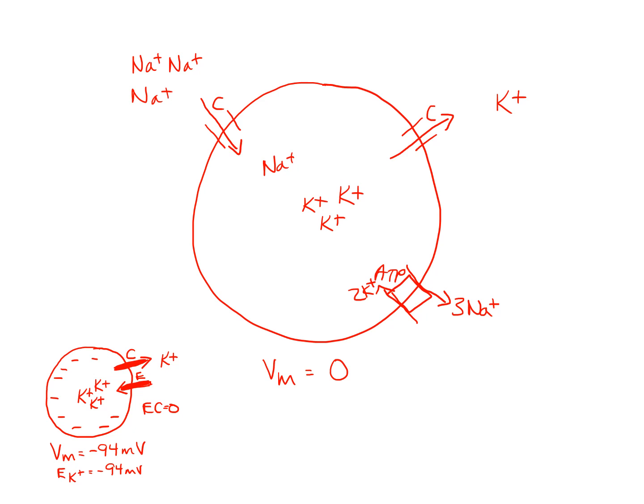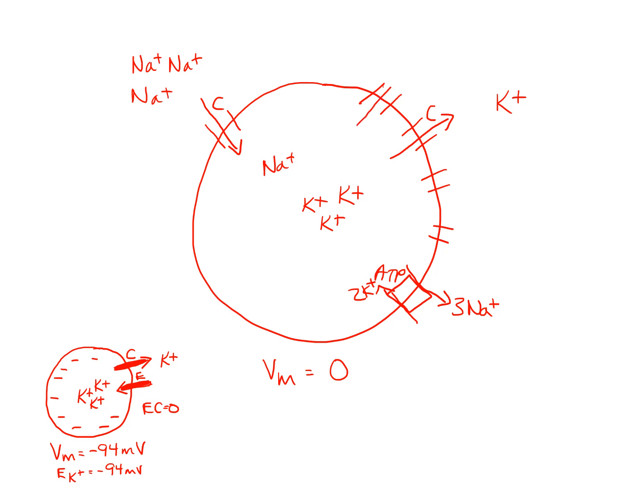So in our neurons, the membrane is actually 25 times more permeable to potassium than it is to sodium. So we've got 25 times more potassium leak channels than we do sodium leak channels.